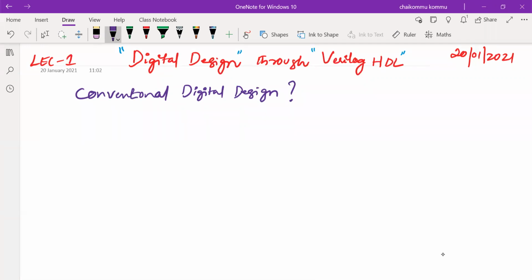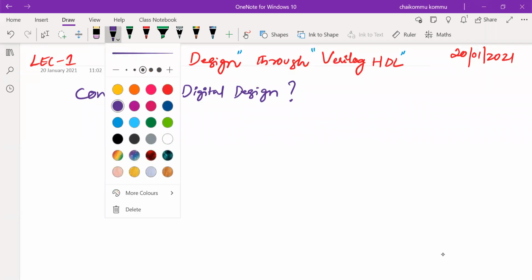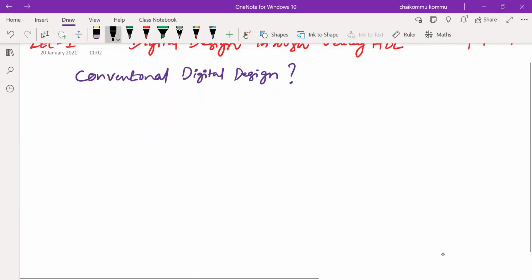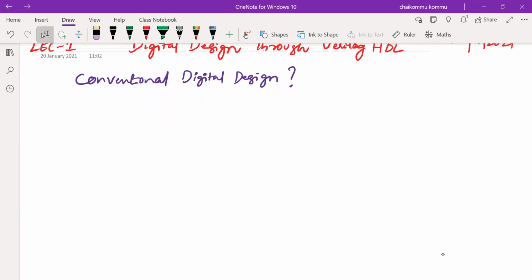The conventional digital design stands for realizing the idea. Whatever idea you have in your mind must be realized with the help of gates. So one idea is translated into a real hardware or real device.